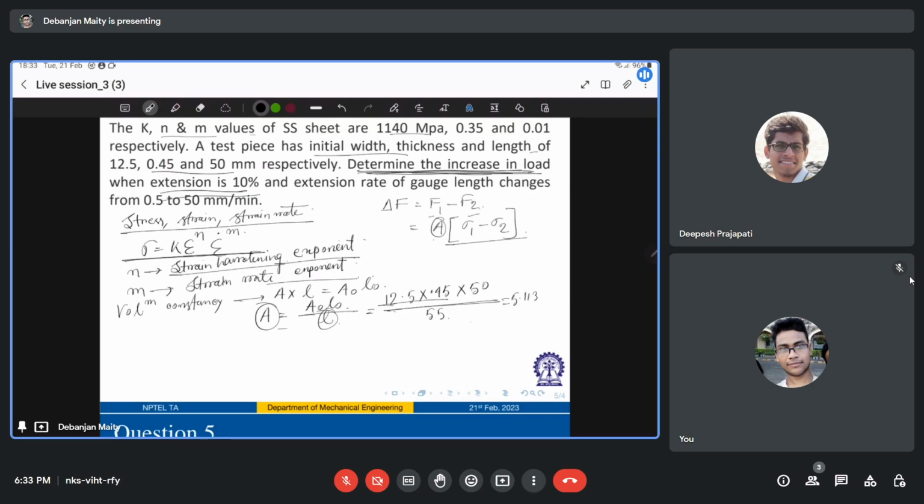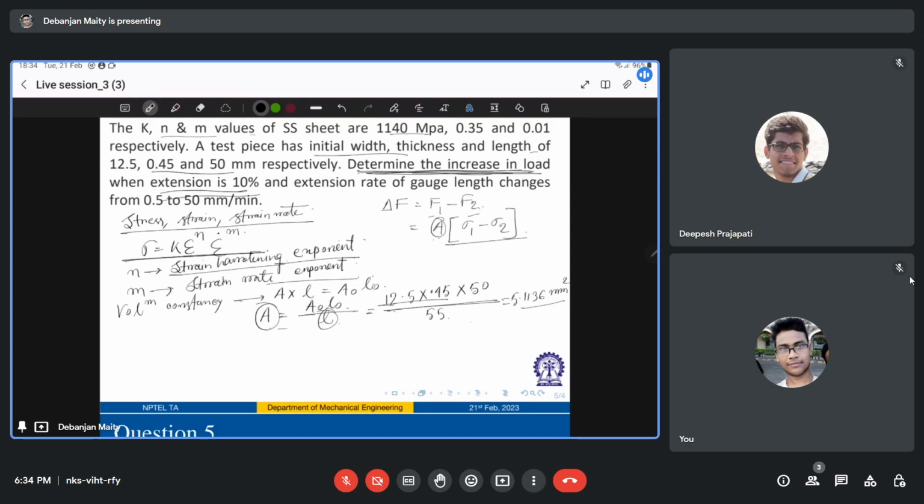So this is coming as 5.1136. This is in mm square, right? Up to this, understood how we are getting this A value?